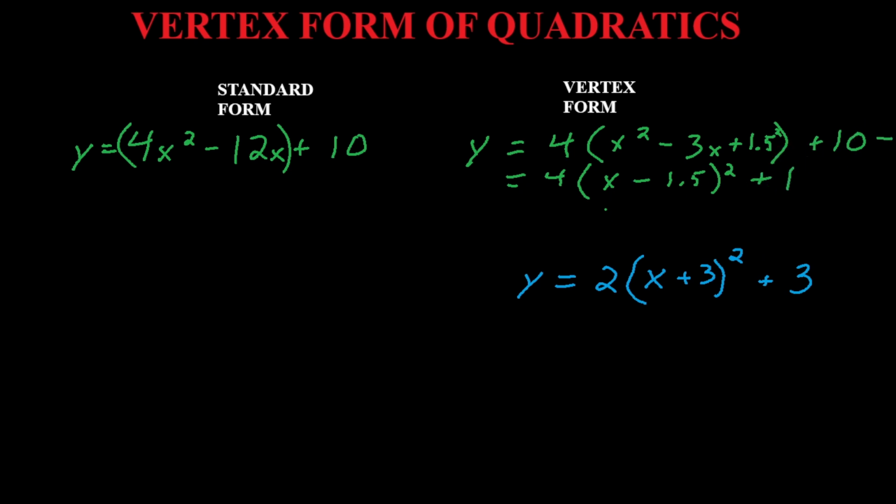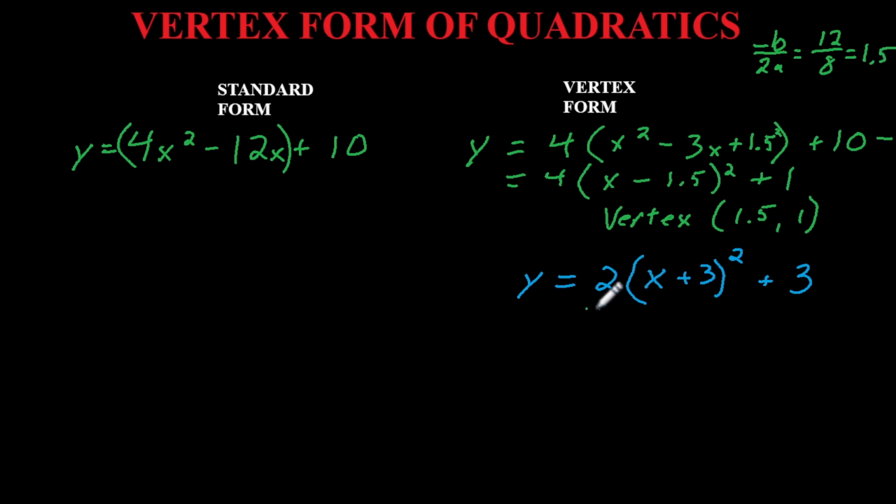So the vertex is going to be at 1.5, 1, using the minus b divided by 2a method from the standard form. Negative b is positive 12, and 2 times a is 8. And this simplifies to be 1.5.